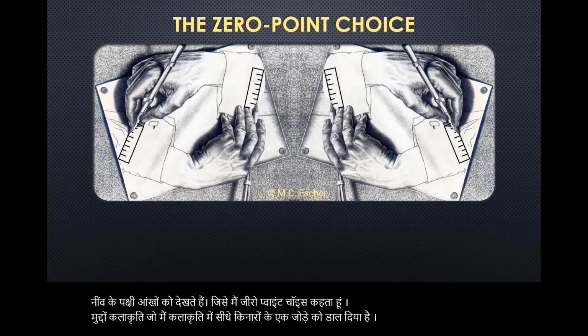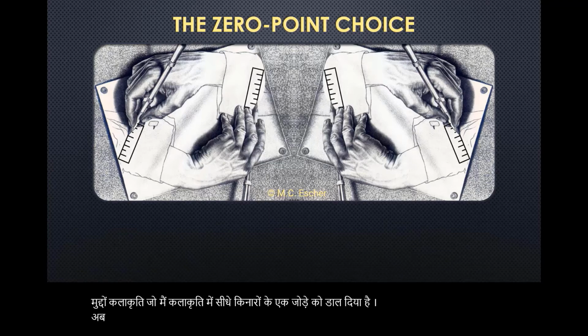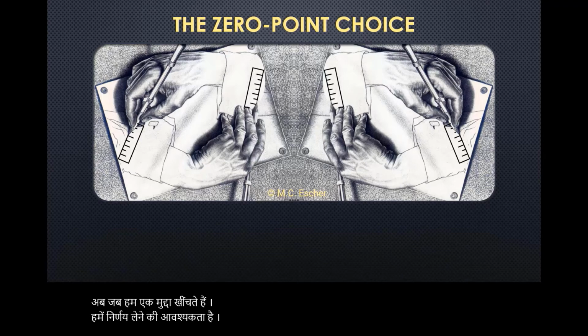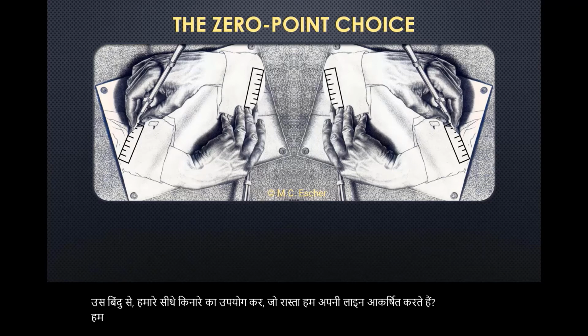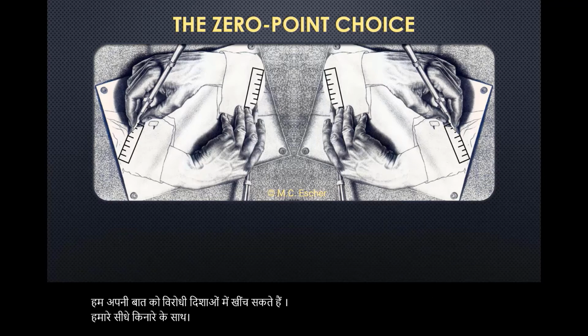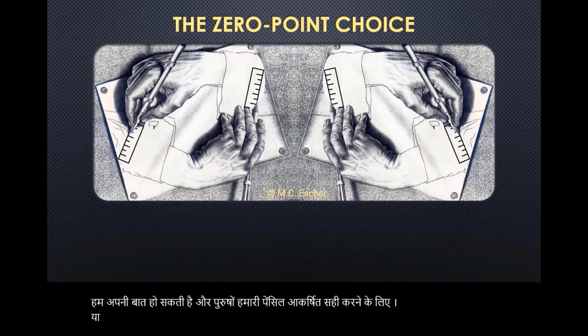Now, when we draw a point, we need to make a decision from that point, using our straight edge, which way do we draw our line? We can draw our point in two opposing directions with our straight edge. We might have our point and then draw our pencil off to the right, or we might have our point and draw our pencil off to the left.